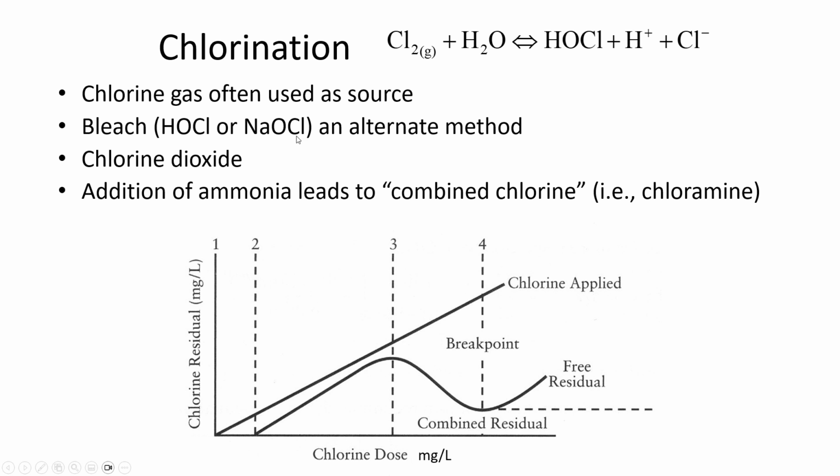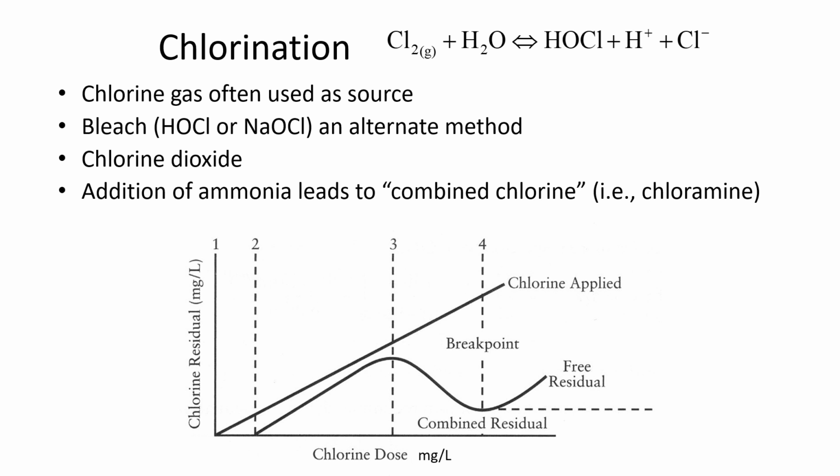So when you're adding chlorine to water, oftentimes chlorine gas is used as a source. If you've got a really large water treatment plant, chlorine gas would be common because it's the most inexpensive and efficient way. Like those big gigantic 1-ton chlorine cylinders, you can treat a lot of water with a ton of chlorine.